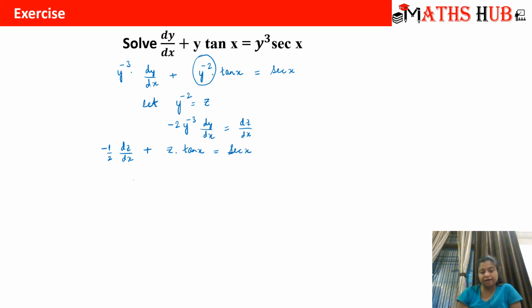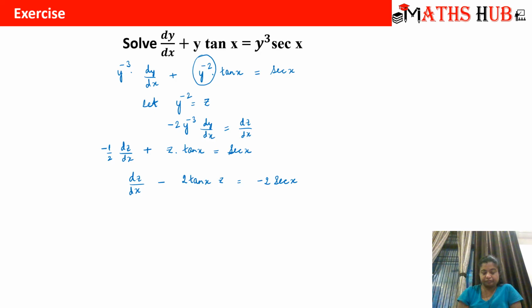So multiply with minus 2 on all sides. So dz by dx minus 2 tan x into z is equal to minus 2 into secant x. So you can see that this is a Leibniz equation now.